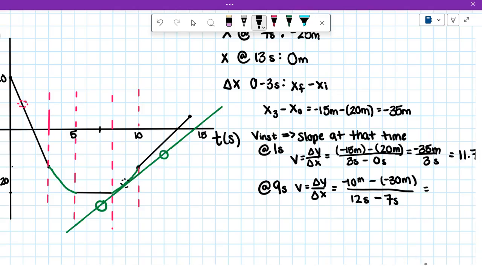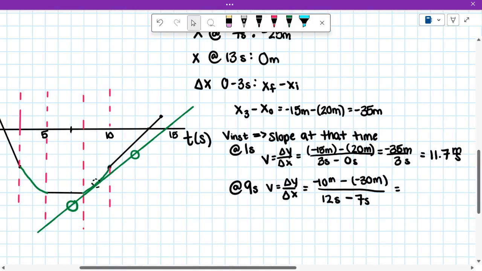So negative 10 minus negative 30 is the same thing as negative 10 plus 30, or 20 meters in 5 seconds. So my velocity there is 4 meters per second.